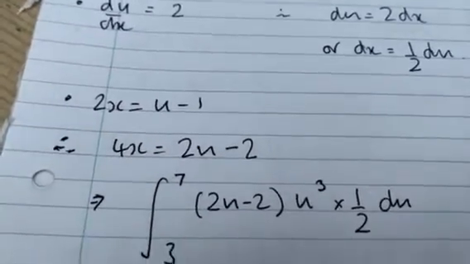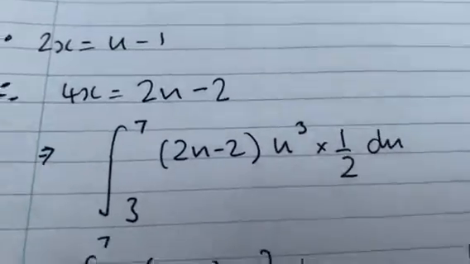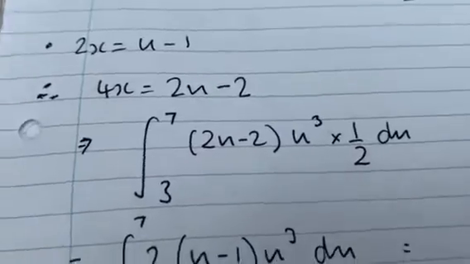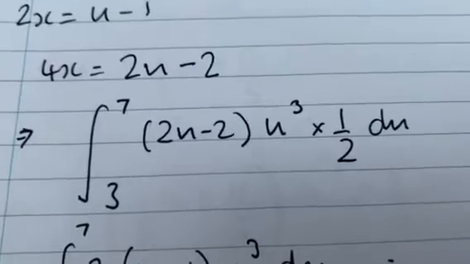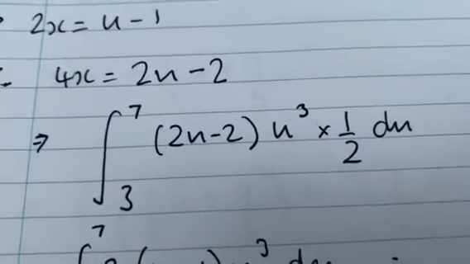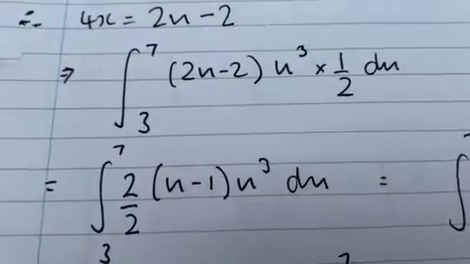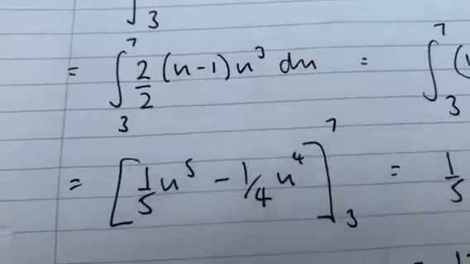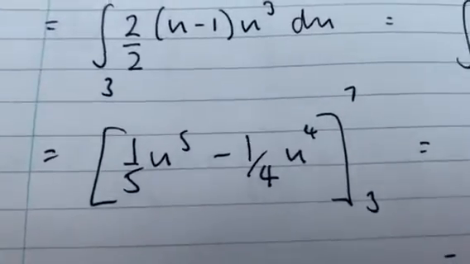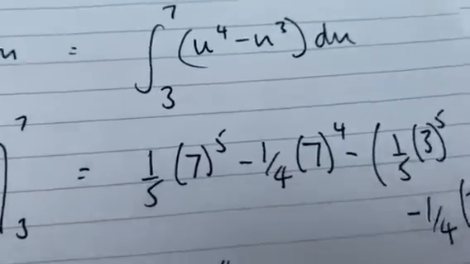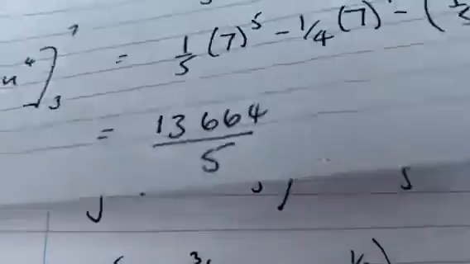Now, I multiplied them both by 2, but I may have to take out a factor, and when I substitute that back into my integral, I've spotted that I probably would have been better off leaving it as 2 bracket u minus 1 instead of writing it as 2u minus 2, but absolutely fine. I just rewrite it, and then I've ended up with a much more straightforward integral. Now, I then substitute my limits in, and I've ended up with that exact answer.